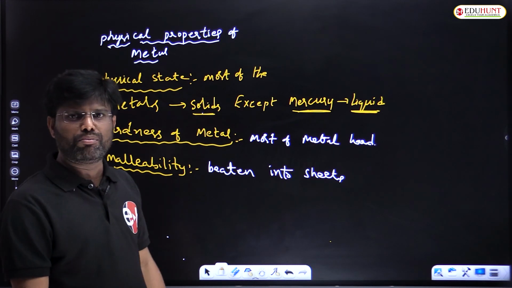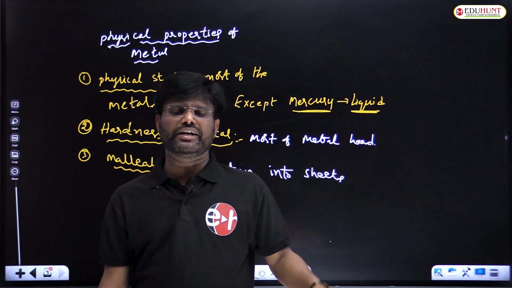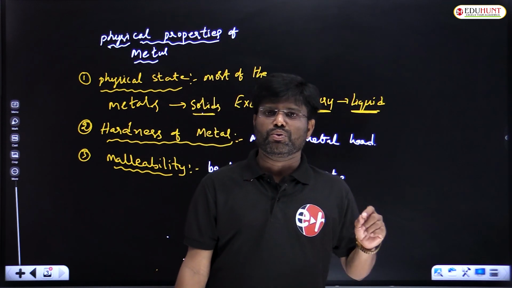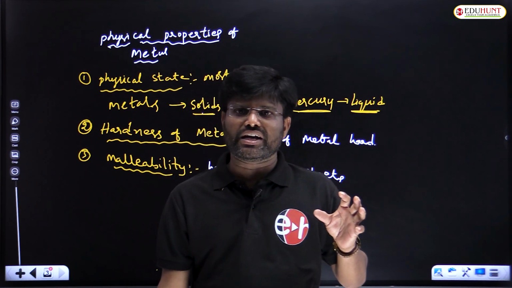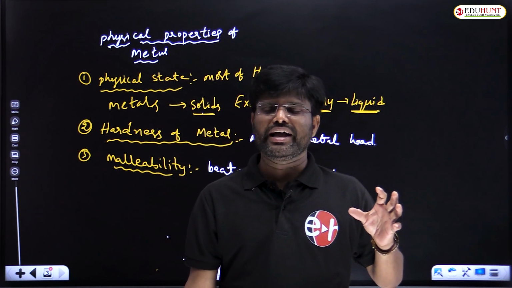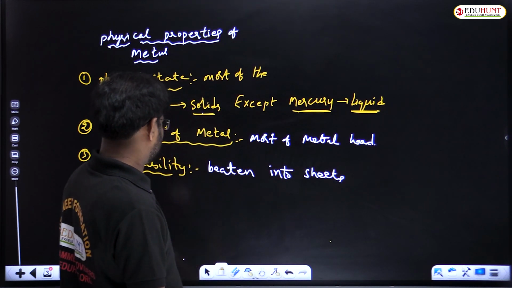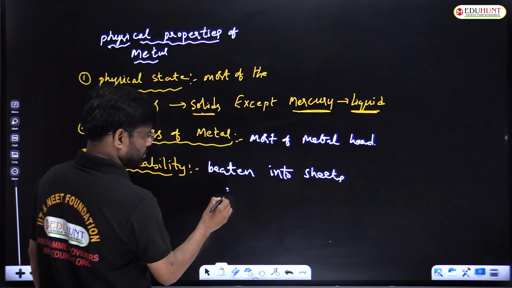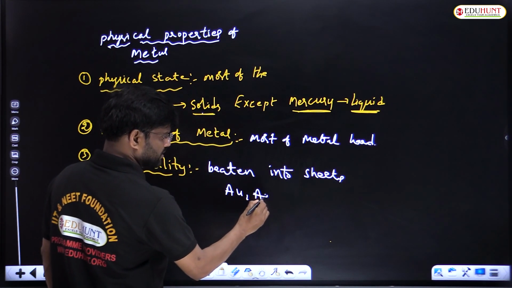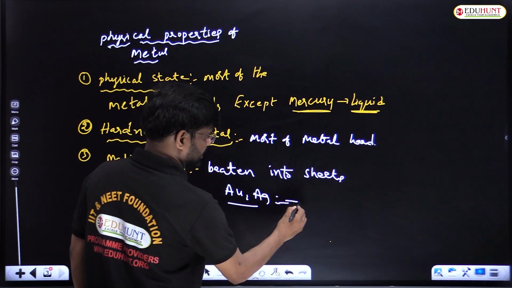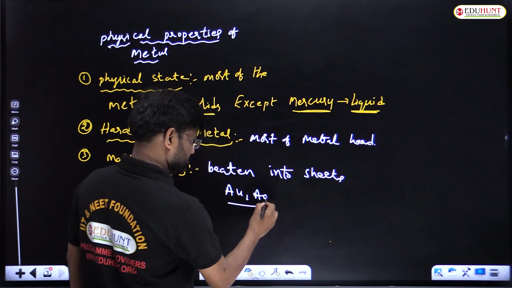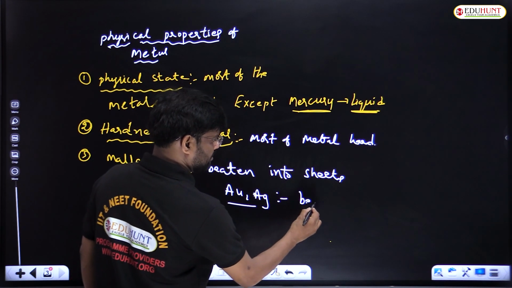Most of the metals are malleable in nature, and gold and silver are the two metals with the highest malleability. Gold, silver, Au and Ag, these have the best malleability.